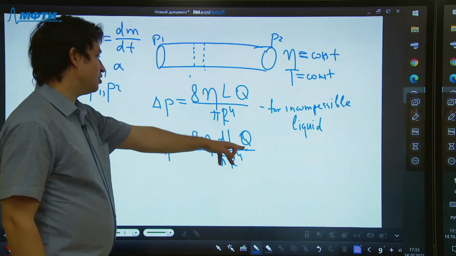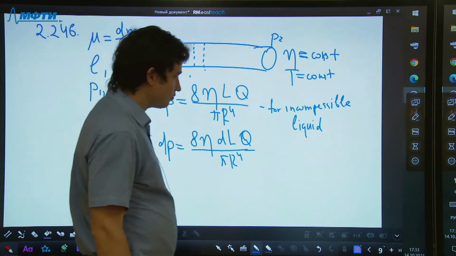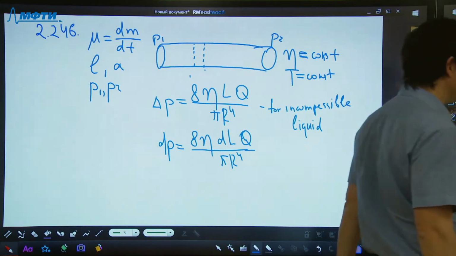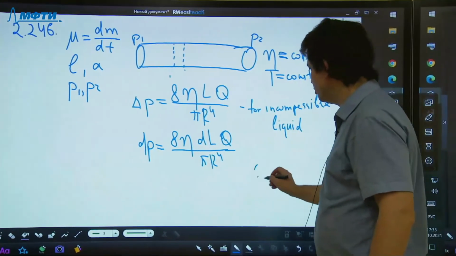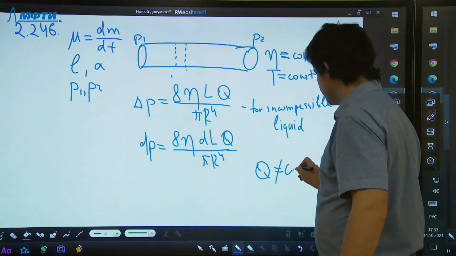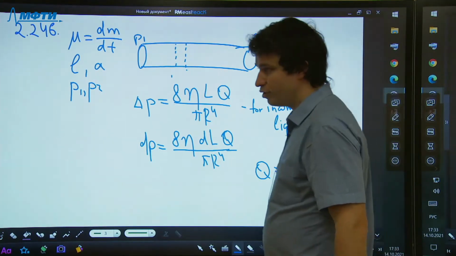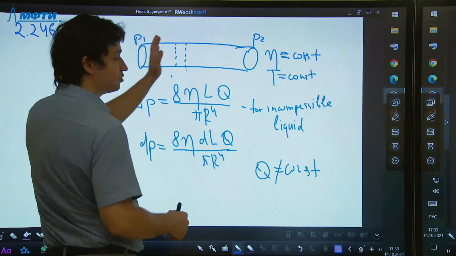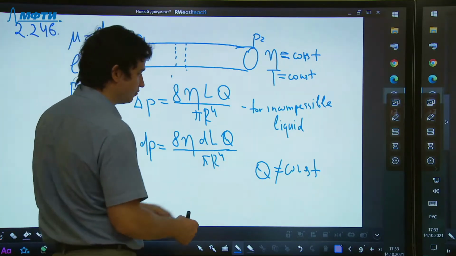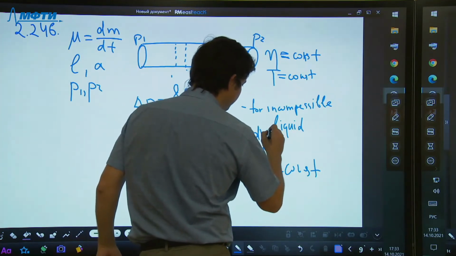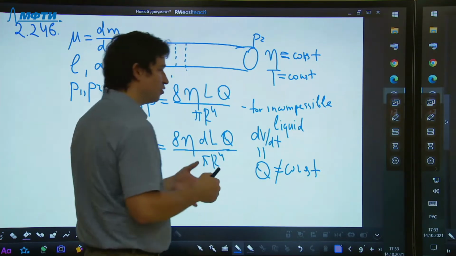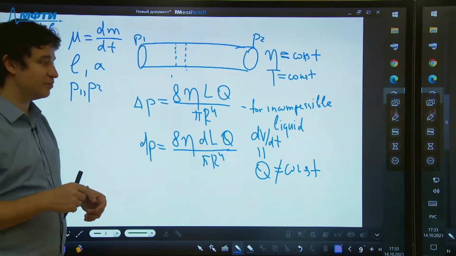Well, now this Q. Of course, since it's not a liquid anymore, Q is not a constant. What is actually constant throughout all of these cross sections? Well, Q is again dV over dt, the volume of fluid per unit of time.